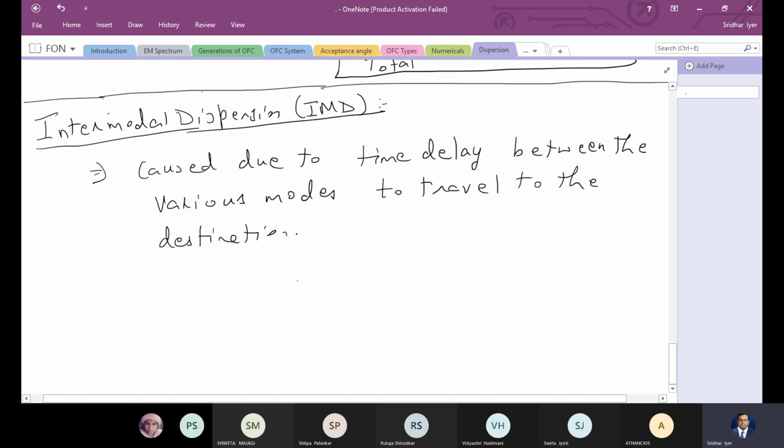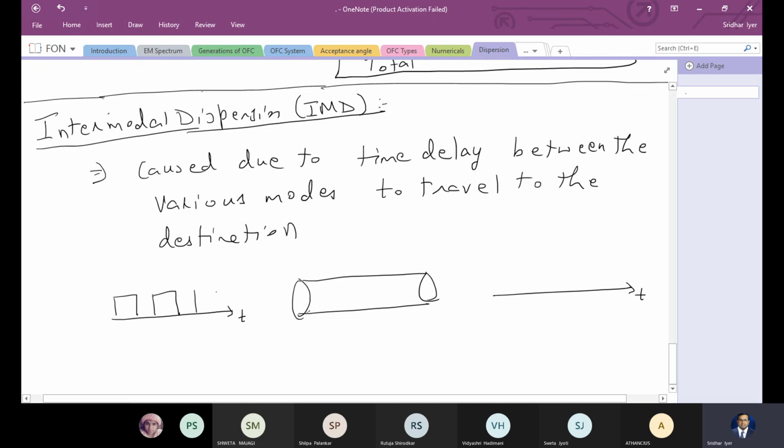Okay, so visually this is how we can imagine it or visualize it, right? So let's say we take a core of the fiber. Okay, let this be the input and let that be the output. Now we are transmitting the bits like this. I'm just assuming some amount of guard band between these bits 1, 2 and 3.